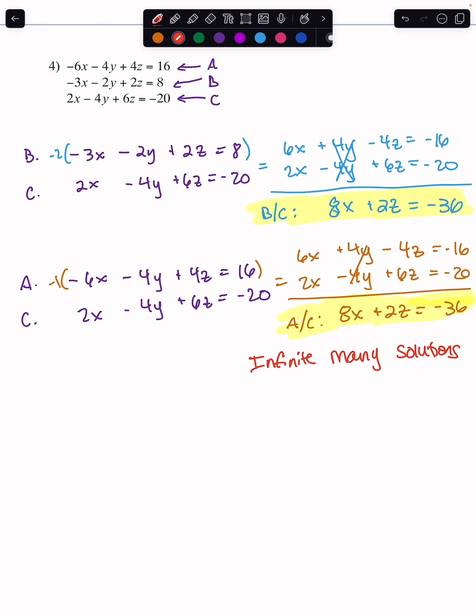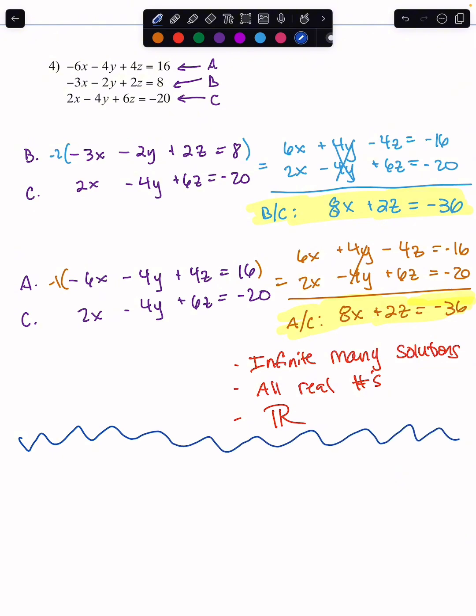Okay. Now, there is a way that I could have shown you this is all real numbers. That's a little bit faster. And I guess I'll show you that now. And I specifically and intentionally didn't show you this way first. Because when I did the work, I was like, oh, this is the easier way. But all right. So if I would have used A and B first, A would have been negative 6x minus 4y plus 4z equals 16.